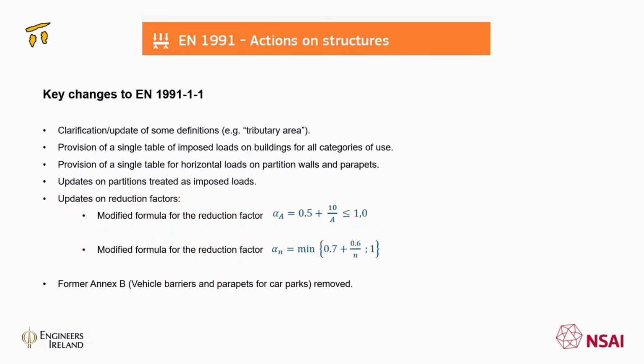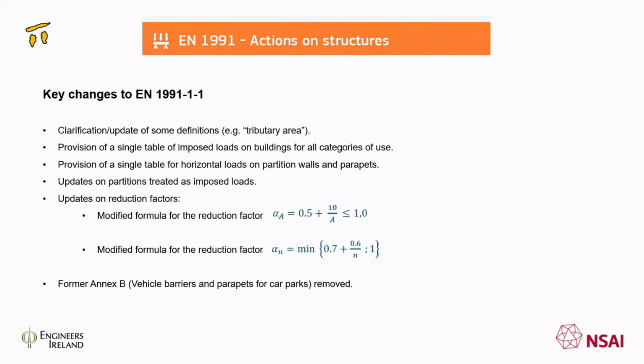So just to talk then about EN 1991 Part 1-1, actions on structures, it's the self-weight of materials and building loads. So there has been some update of definitions, i.e. a tributary area on a beam or on a column. One thing which has happened is that in the previous Eurocode, there were two tables.